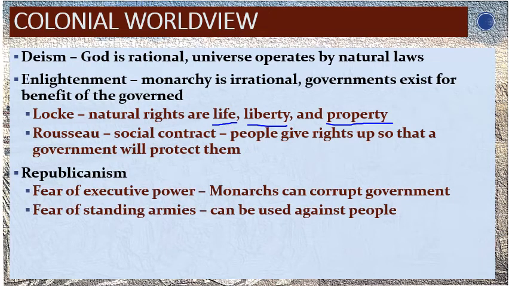Another fear that republicanism gives to the colonists is a fear of standing armies. You should never have an army that's permanent, because a permanent army is an easy tool for taking away the freedoms of the people in a government.